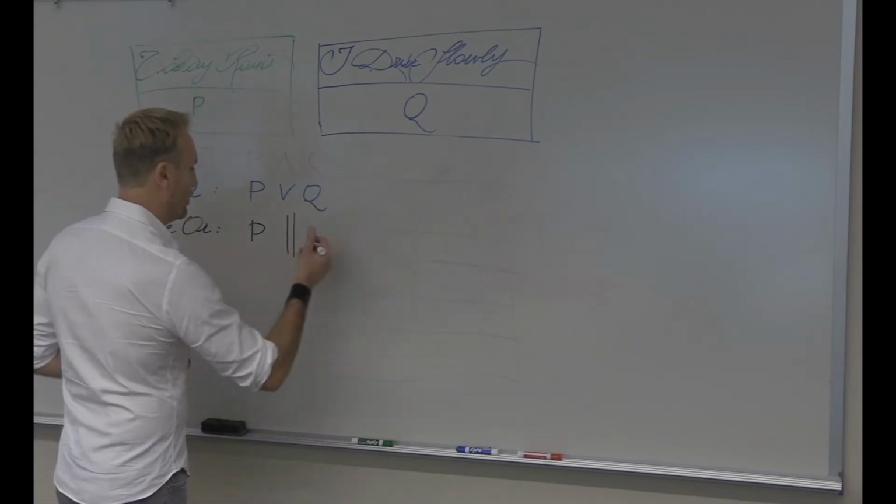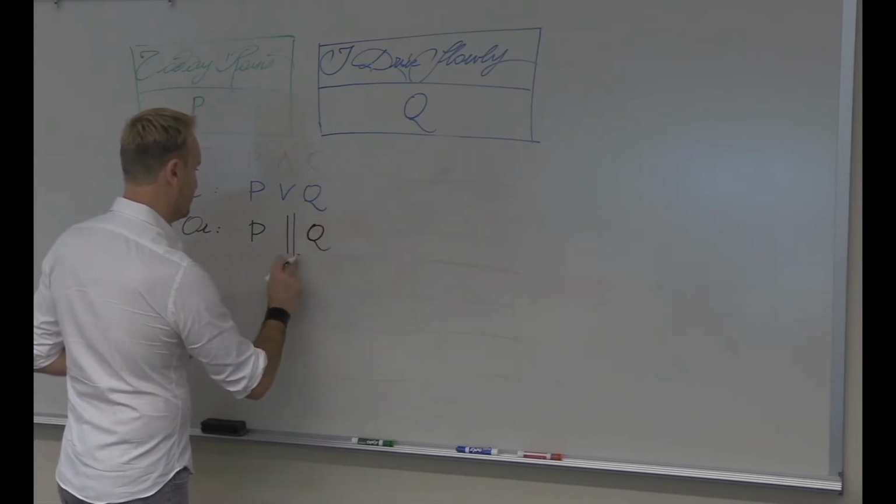Either P or Q. Now, since it's inclusive, it means that the way you create this sentence is either Q or P or both.